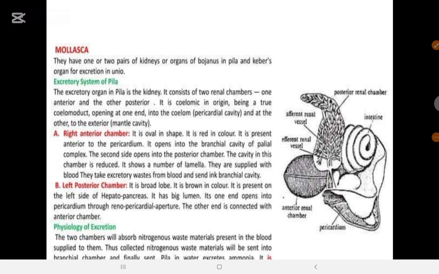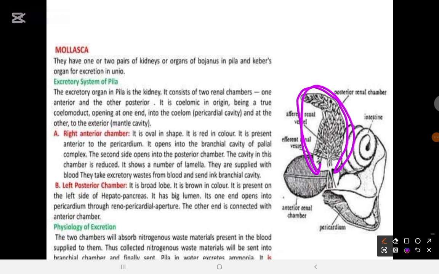If you look at the structure here, that's why it's called a kidney. It's more advanced, but some authors still use nephridia.